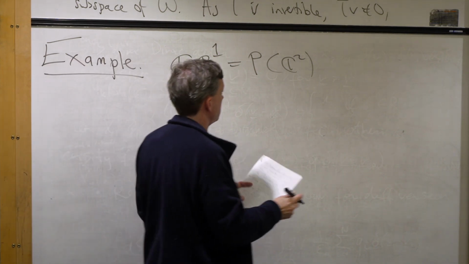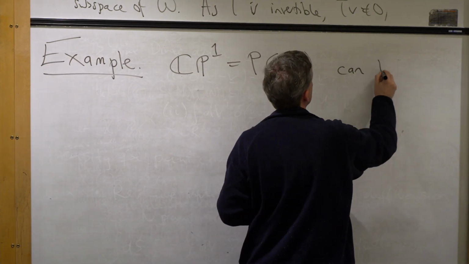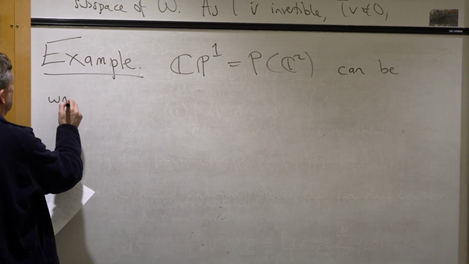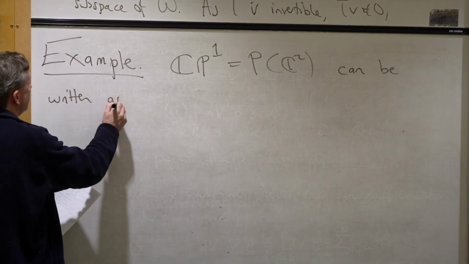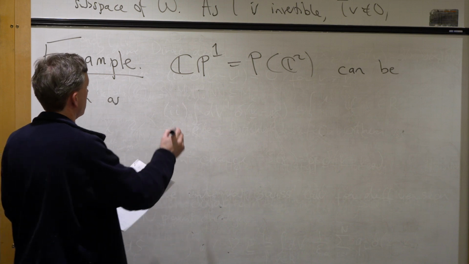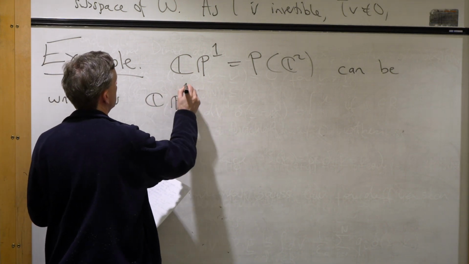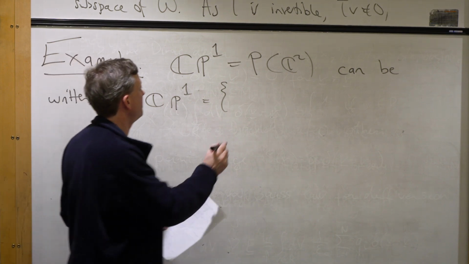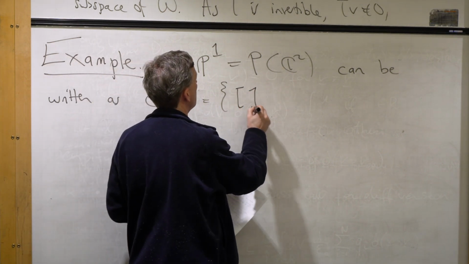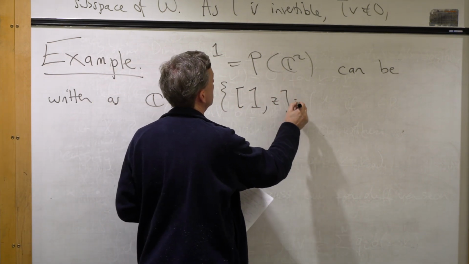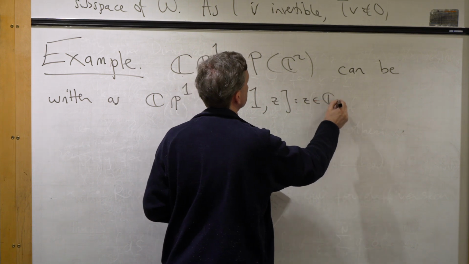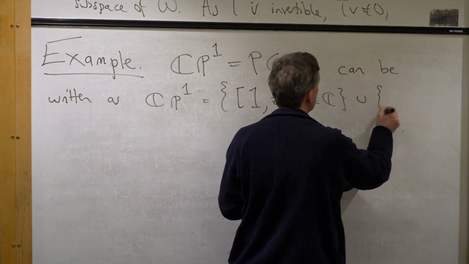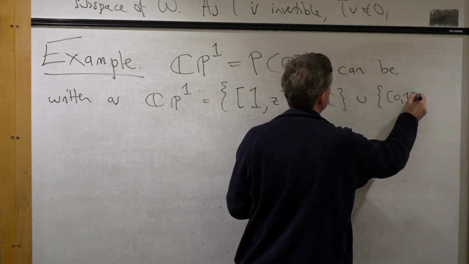So this can be written as CP1 is, well, let's split it up as points of the form [1, z] for z in the complex numbers, together with the point [0, 1].